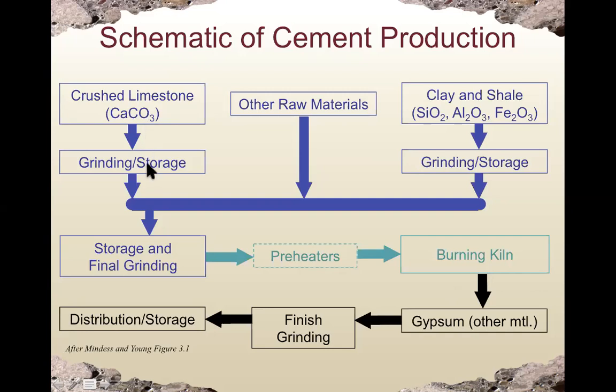So we grind these raw materials and preheat before going to the burning process in the kiln. And don't forget to add gypsum to control the setting time. And then when we get clinker, it will finally be ground with gypsum. So we have Portland cement.